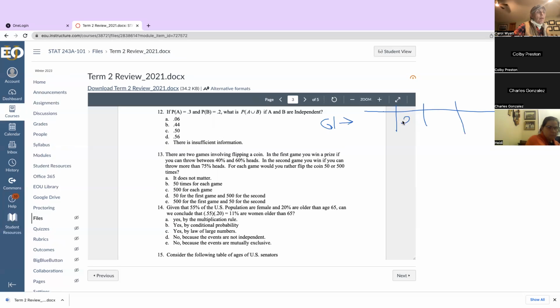So I have to flip between 20 out of 50, which is 40%, or 30 out of 50, which is 60%. So if I flip any number in between here, I win.